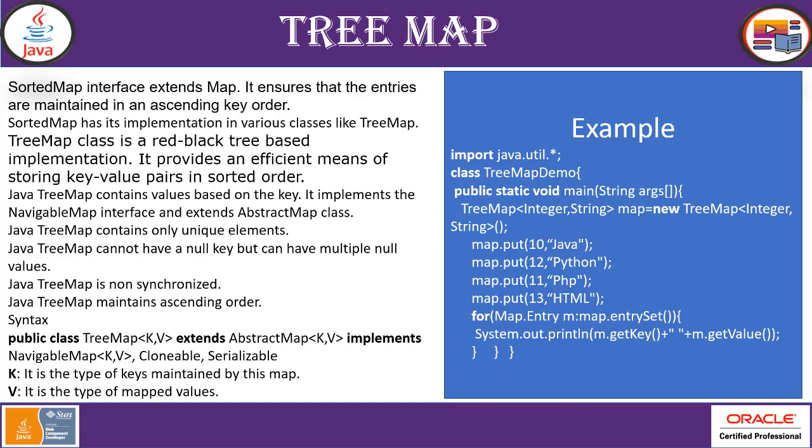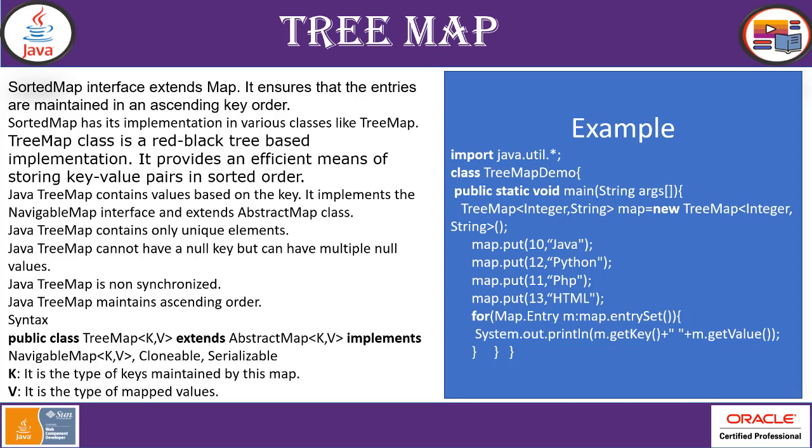So the map basically works on key and value pairs along with the sorted order. TreeMap contains values based on the key. It implements the NavigableMap interface, extends the AbstractMap class, contains only unique keys, cannot have a null key, and can have multiple null values. TreeMap is non-synchronized.